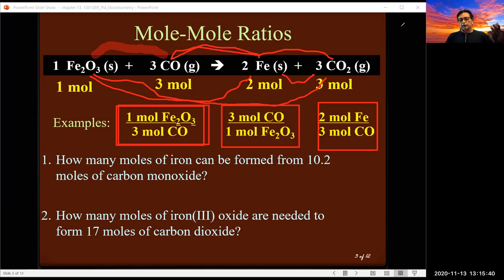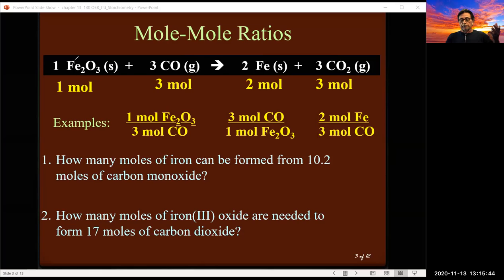The other aspect about why this is so important is, for example, we could get a problem that we're dealing with iron(III) oxide and talk about grams. Well, if I start off with 10 grams of iron(III) oxide, how many grams of carbon dioxide do I get? Well, I cannot go directly from grams to grams when I go from A to B. I have to go through a common factor, and that common factor is moles.